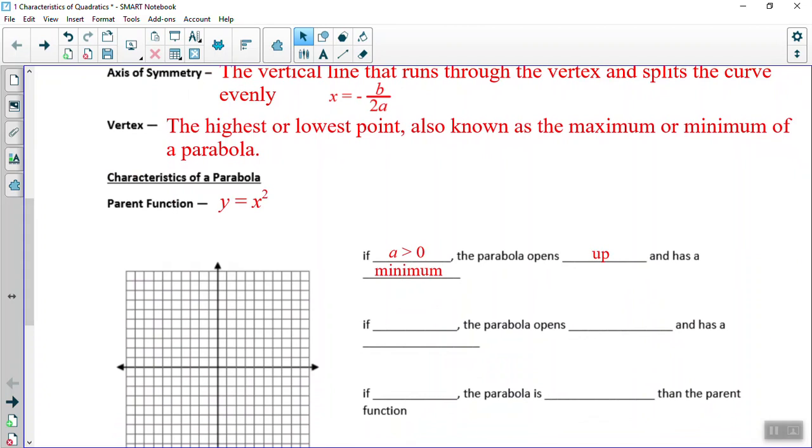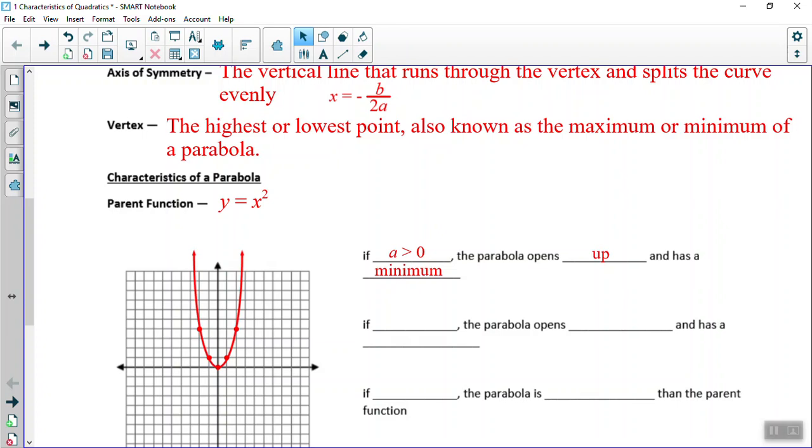So if I were to put this into the graphing calculator, we would end up with a graph that looks like this one here. So right here is my vertex at the origin 0, 0. And then I've got a point at negative 1, 1 and a point at positive 1, 1. And then I've got a point at negative 2, 4 and positive 2, 4. So this right here is my parent function.